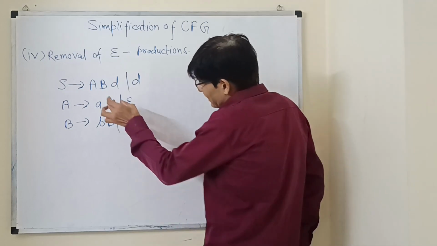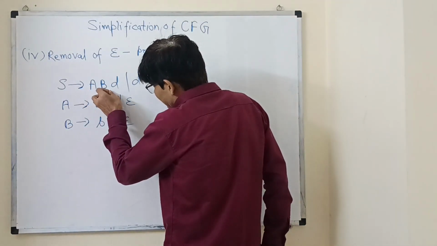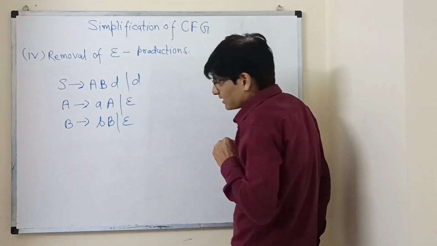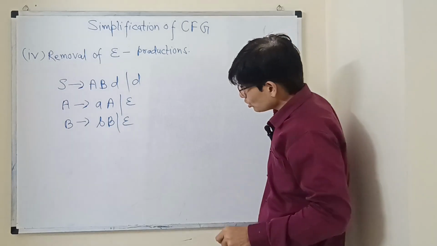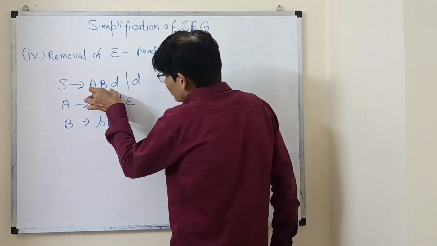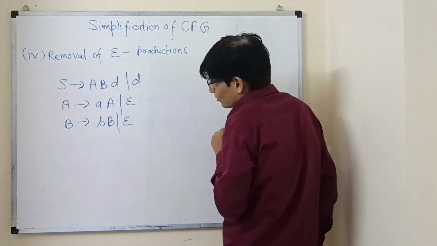If we replace both A and B in this production, it becomes S gives D. So using this production, we cannot generate epsilon.